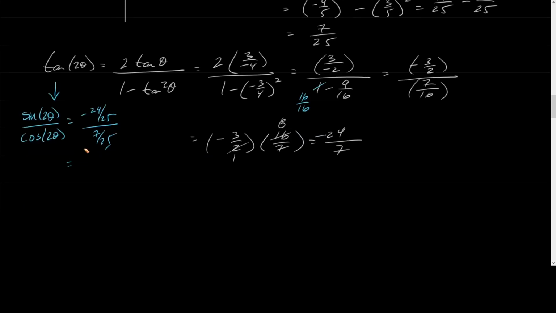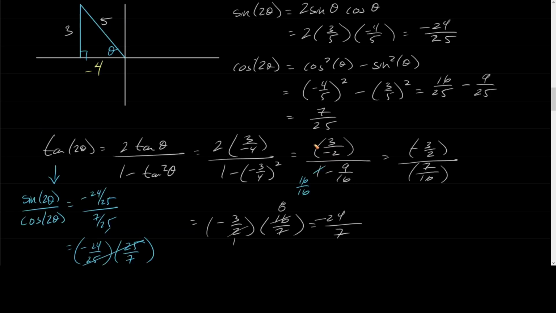So then we have a fraction divided by another fraction. That's the same as multiplying by the reciprocal. At that point, the 25's cancel out, and we end up with negative 24/7, which we already knew. So that's sine, cosine, and tangent, each of them of 2 theta.